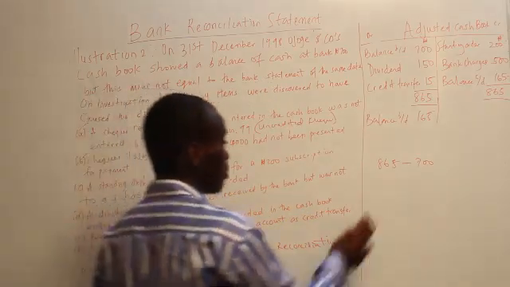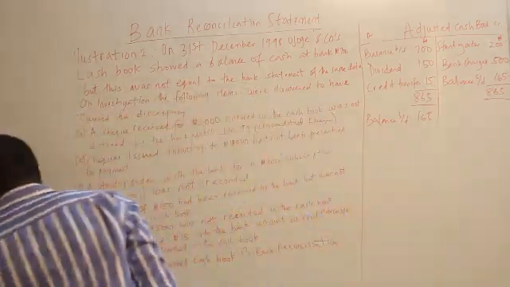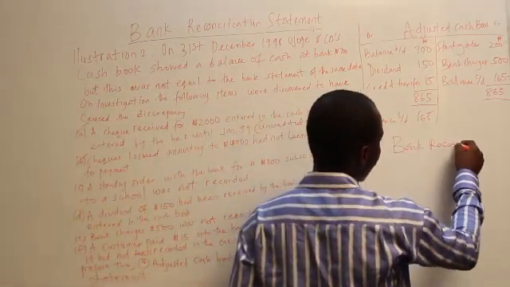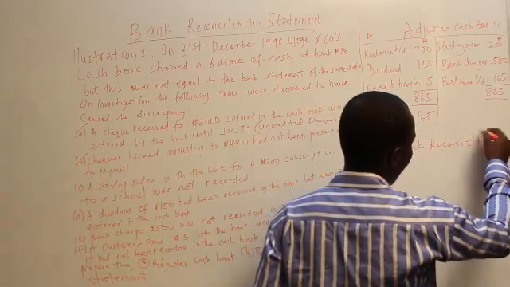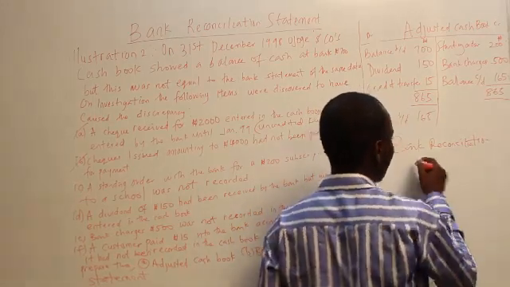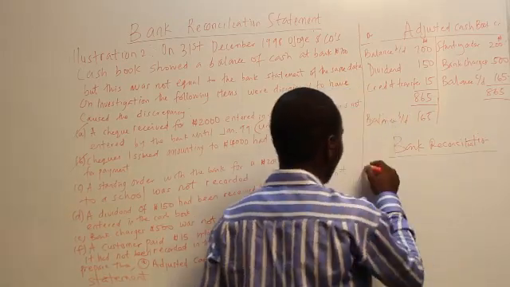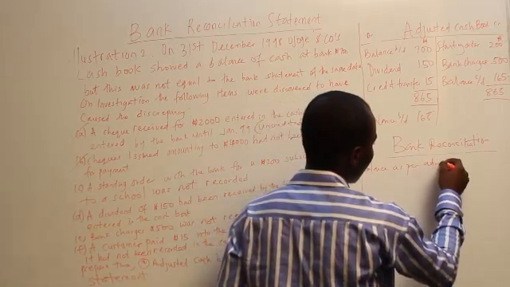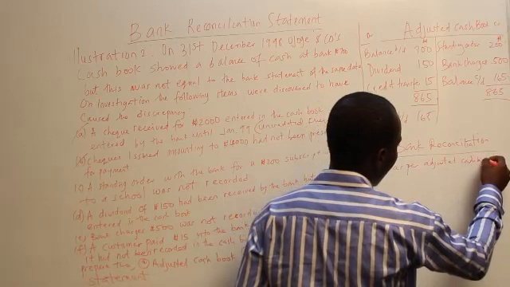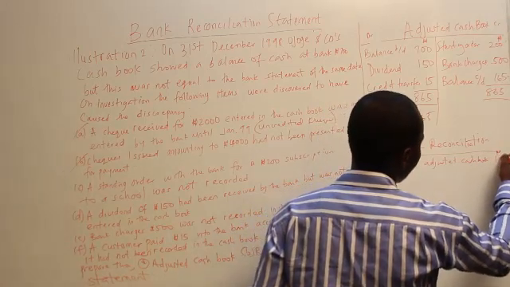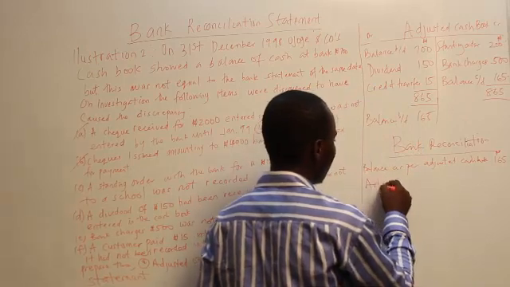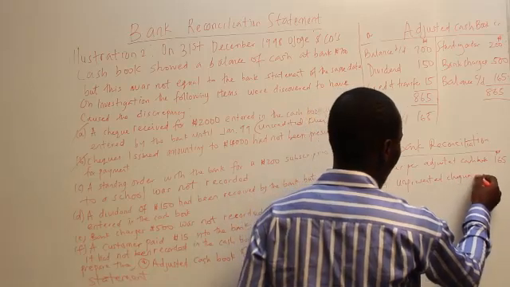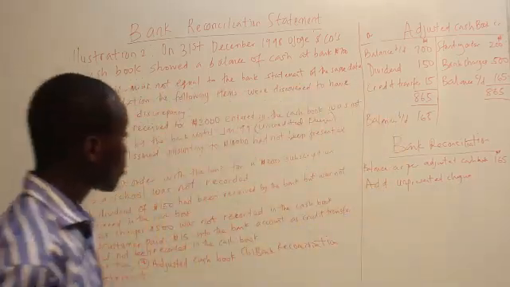We can move to part B, which is the bank reconciliation statement. So we have the balance as per adjusted cash book, 165. We add the unpresented check, which is 4,000.